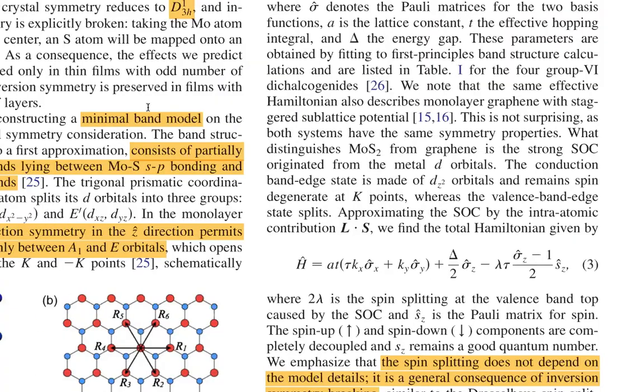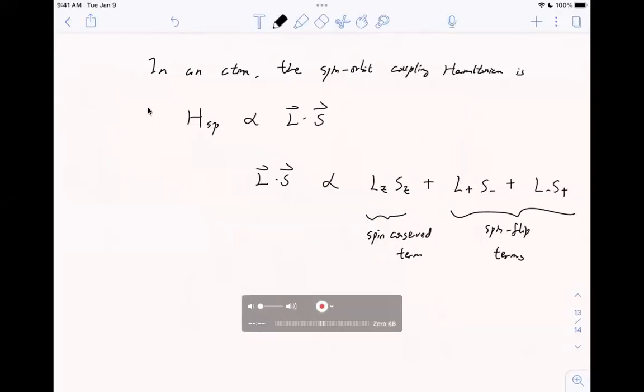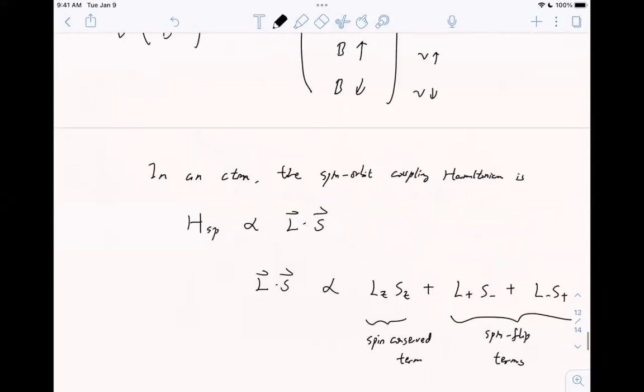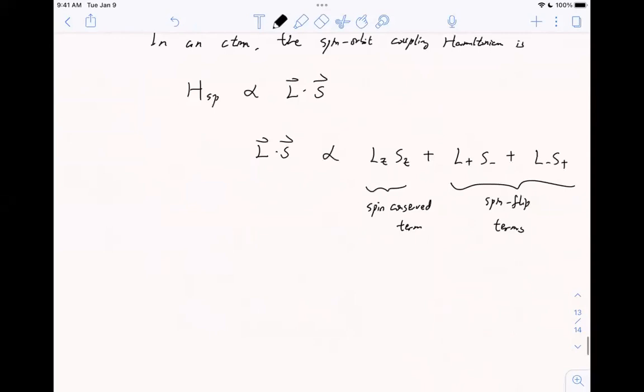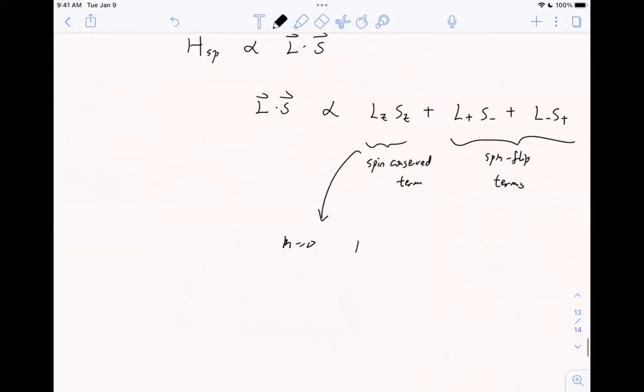So that's why you can assume that this term dominates, so you have spin up and down. Once you have this, then for m equal to 0, this LZ SZ is going to equal m times this, where SZ is plus minus 1/2.